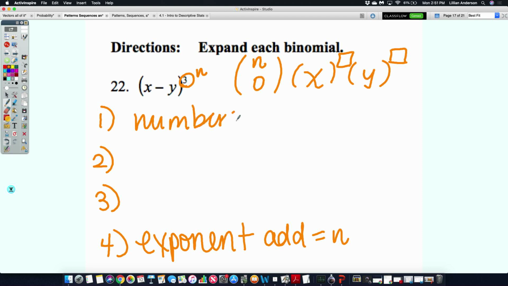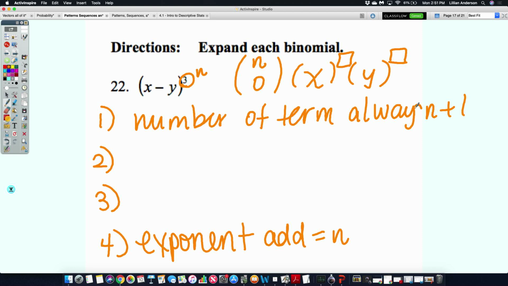One more. Yep, your number of terms was always 1 more than your exponent. So in this particular case, this expansion would have how many terms? 4. Write down the number of terms in the expansion. What else?